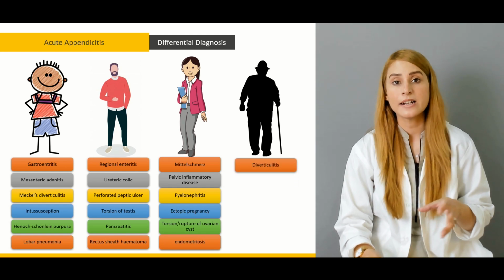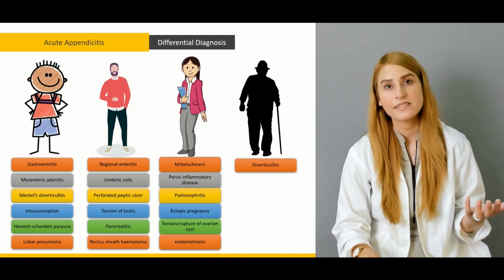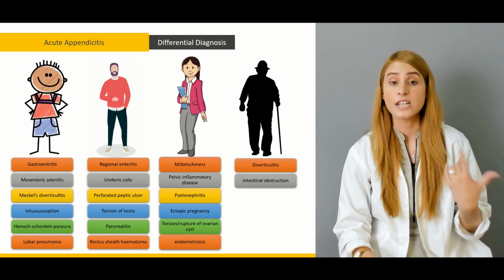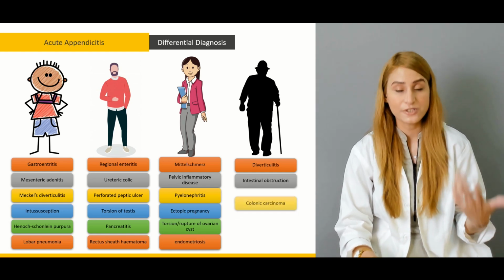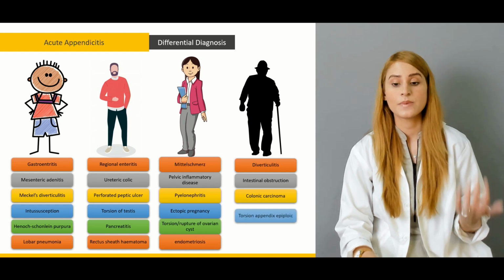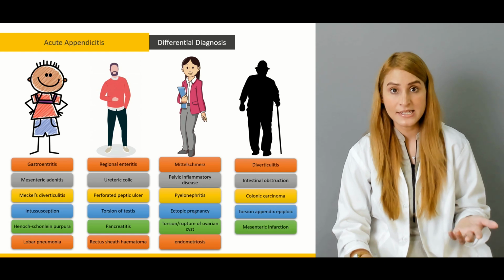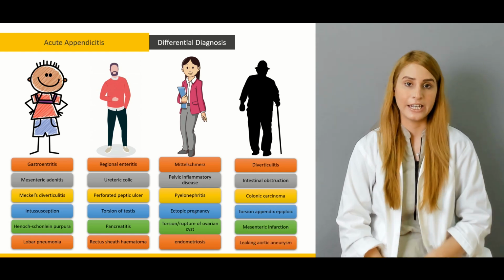And in case of older patients, usually you think about diseases like diverticulosis, diverticulitis, intestinal obstruction, colonic carcinoma, torsion of appendix epiploica, mesenteric infarction, or leaking aortic aneurysm.